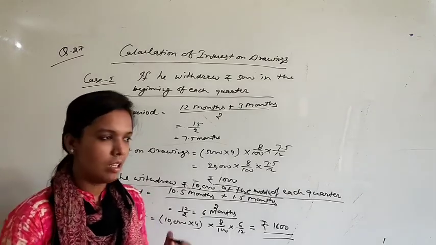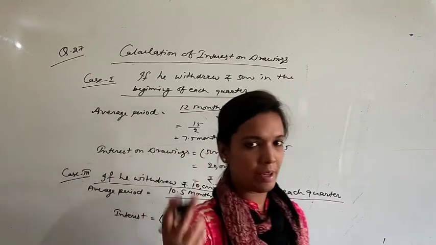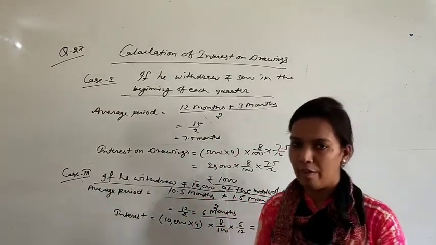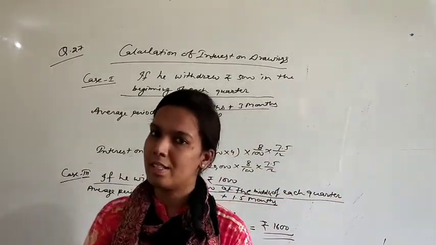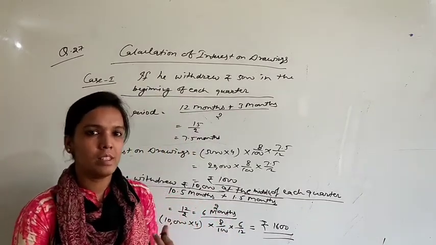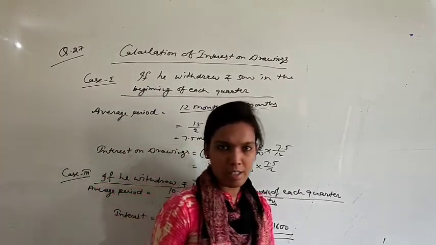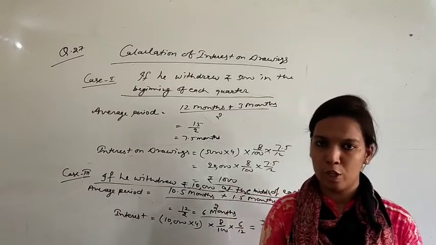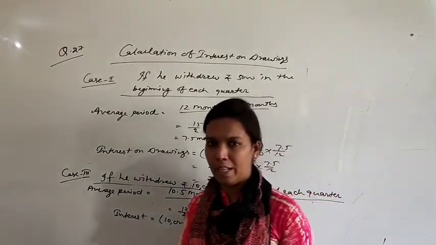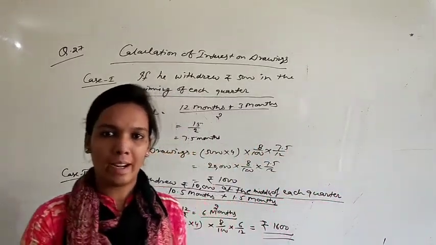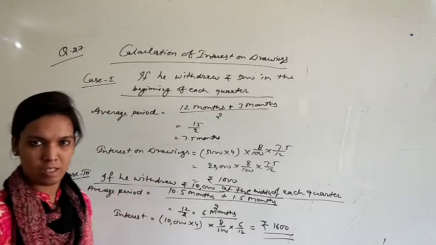Okay. What is the months calculation? Again I am revising the point. For beginning of every month 6.5 months, for middle 6 months, for ending 5.5 months. Let's take for the quarters, that for beginning of each quarter 7.5 months, for middle that is 6 months, and for ending that is 4.5 months. Okay.